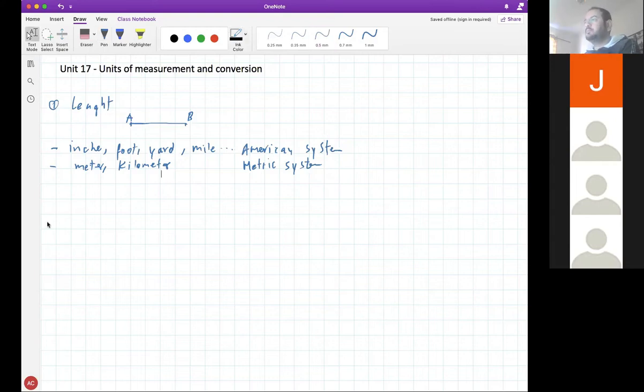And later, we'll see how to convert between two different systems, for example, from yards to meters or from meters to inches and so on. So meter, we have centimeter, which is the closest to inches. Okay, so that's the length.